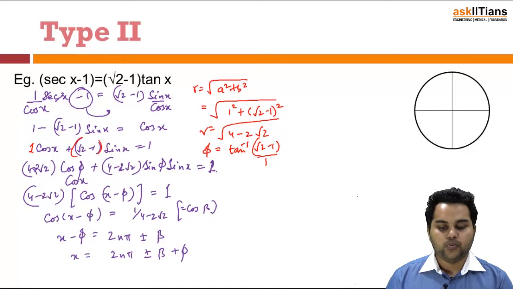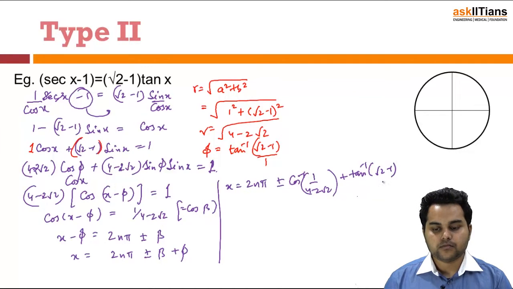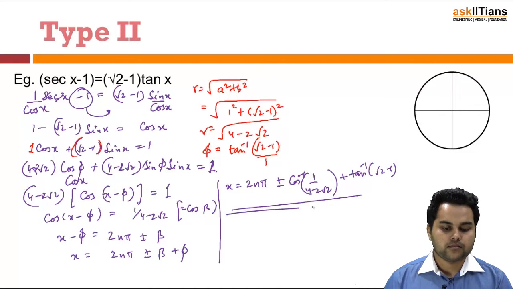Now I would replace beta and phi in terms of the original variables that I had. That would give me x is equal to 2n pi plus minus cos inverse of 1 over root 4 minus 2 root 2 plus phi, which can be written as tan inverse of root 2 minus 1. That will be my solution.